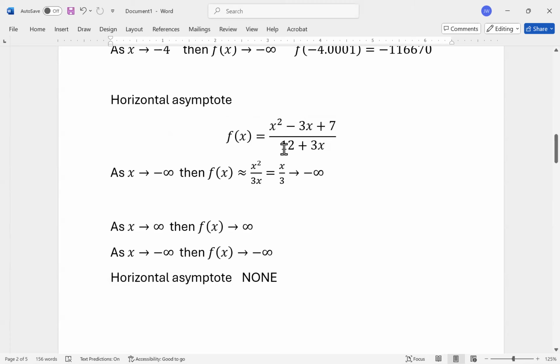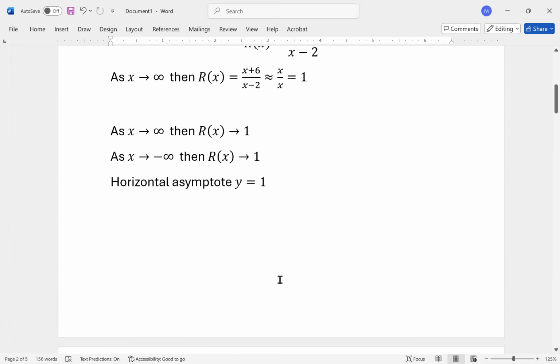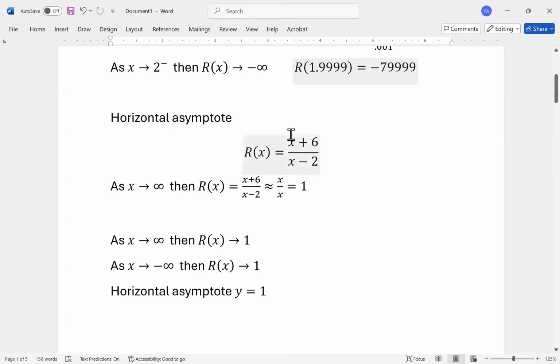So when the degree in the numerator was more than the degree in the denominator, we had no horizontal asymptote. And in the very first example, the degree in the numerator matched the degree in the denominator. Notice the leading coefficient of 1 divided by a leading coefficient of 1 would give me 1. So I got a horizontal asymptote of y equals 1.